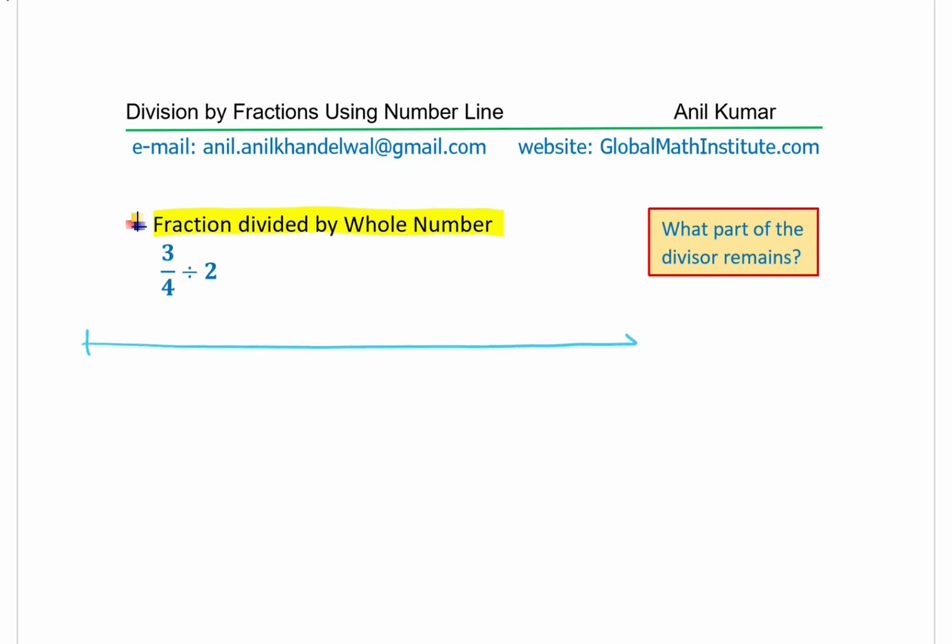So we'll make a bigger number line this time. Okay. So let's take this as number 1 and this as number 2. Starting with 0, this is our number 1 and that is number 2.